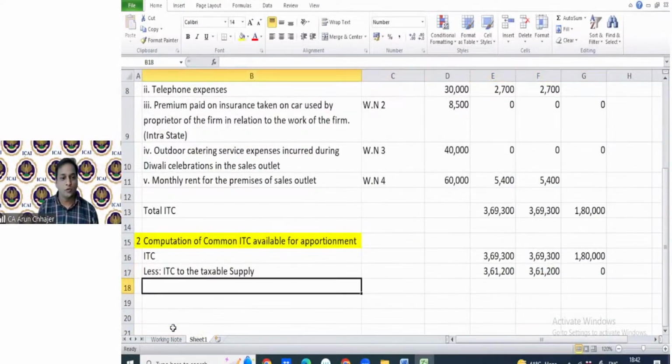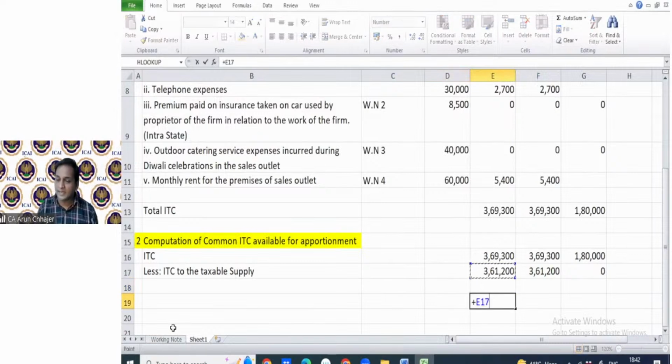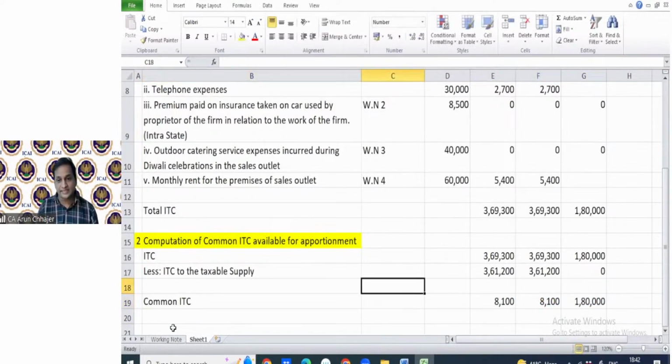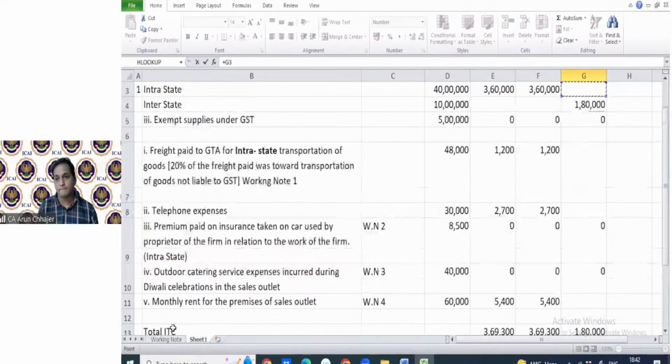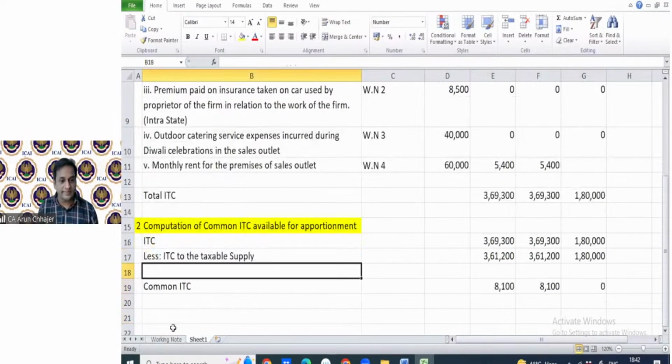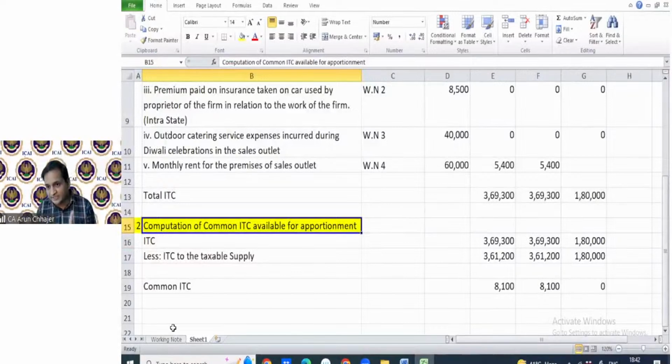So the balance ITC is the common ITC. Computation of the common ITC for apportionment.